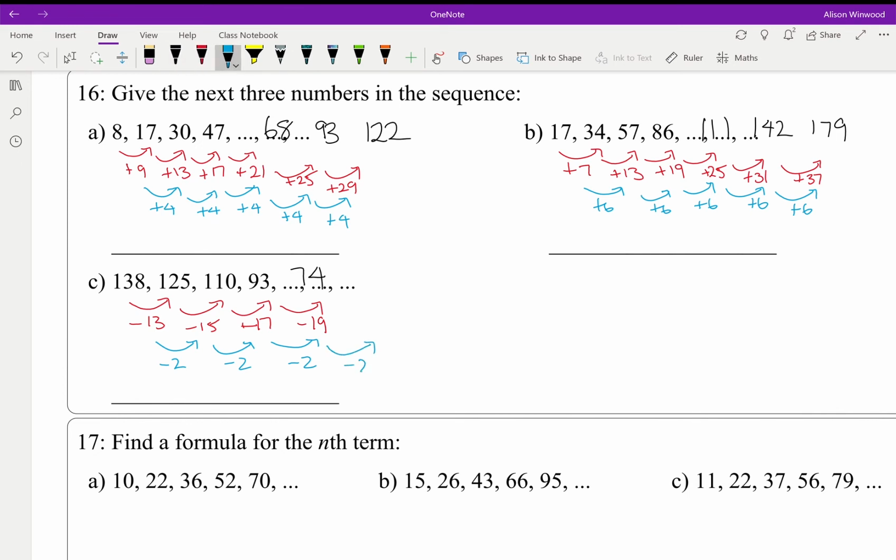Subtract another 2, takes me to negative 21. So 74 subtract 21 takes me down to 53. Subtract another 2 is negative 23. 53 subtract 23 takes me down to 30.